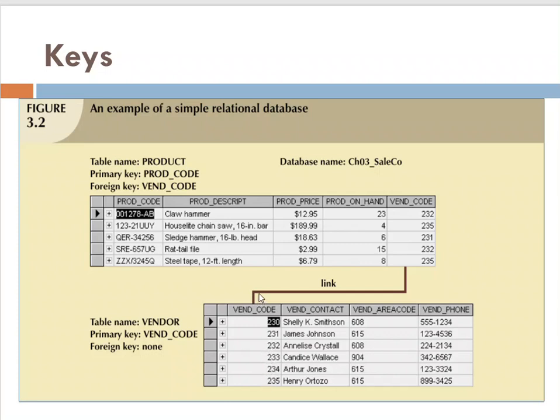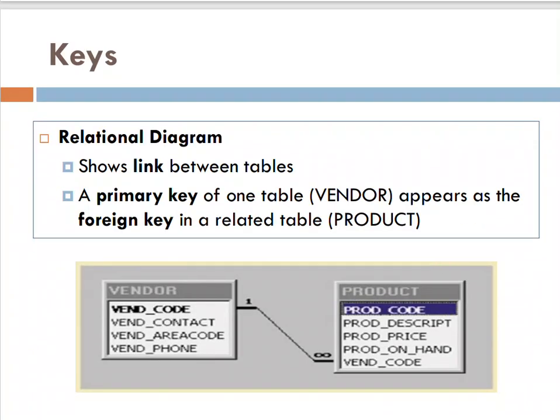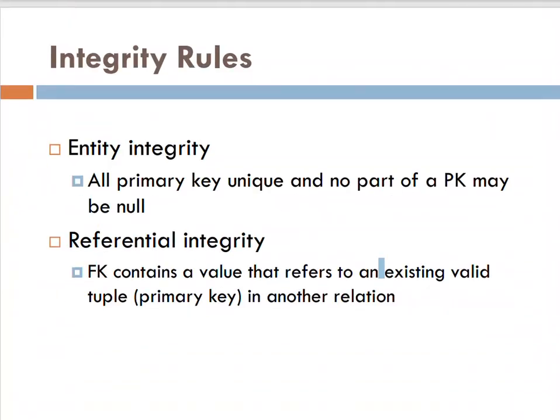If they exist, that means these two tables show referential integrity, sebab setiap nilai yang wujud di bawah vendor code sebagai foreign key dalam table product wujud di bawah vendor code bagi table vendor. So that's what we mean by referential integrity.